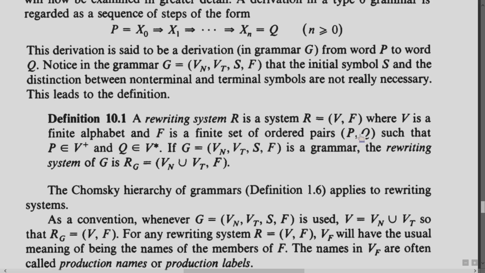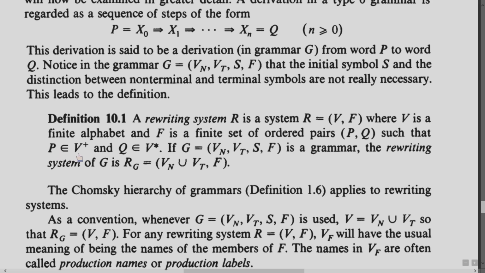These are the set of alphabets and production rules such that P belongs to V plus, and Q belongs to V star. What is the difference between V star and V plus? V star includes the empty string also, but V plus excludes it.